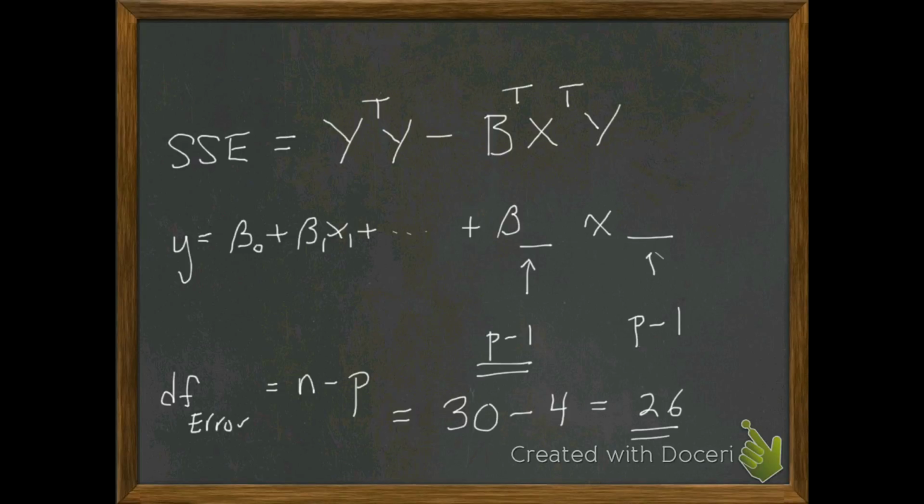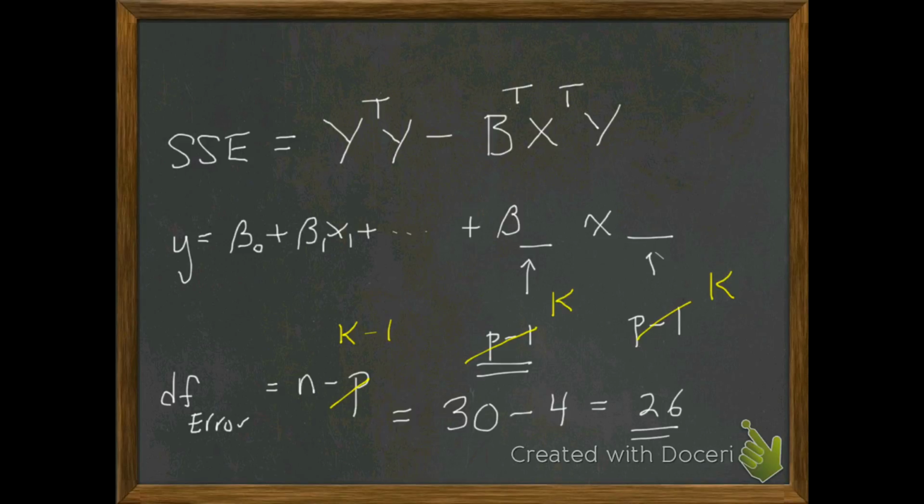Now, a lot of books don't do that. And if all the books did that, I would stop right now. A lot of books, and this is really the way that I prefer it, set up our model as having k predictors. Well, in this situation, instead of n minus p, we're going to have n minus k minus 1. That should make a lot of sense here.